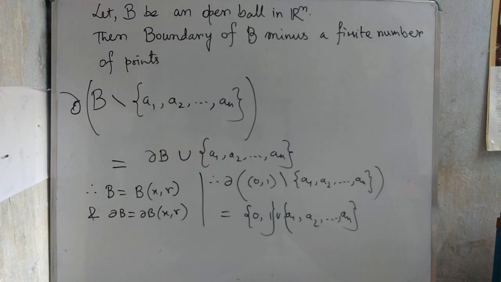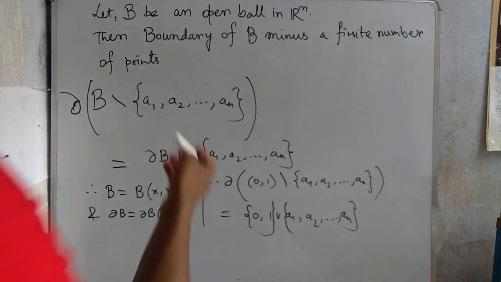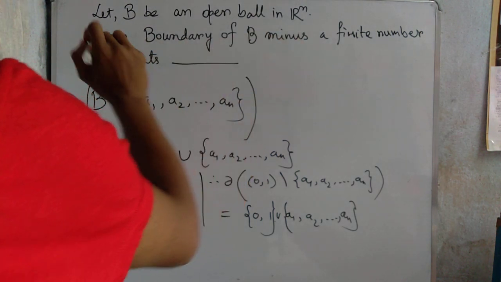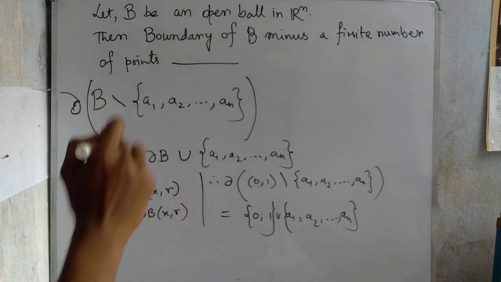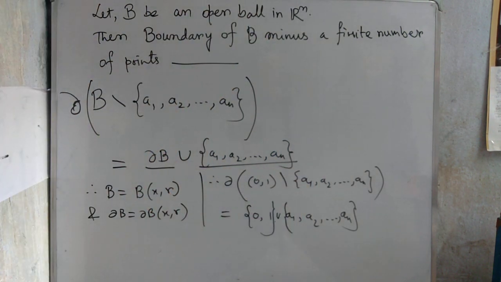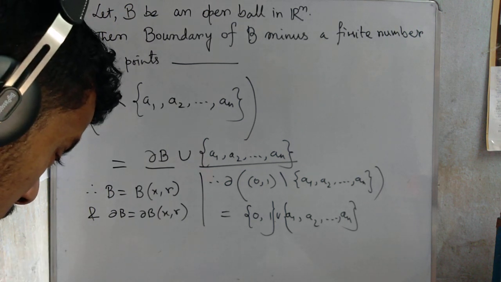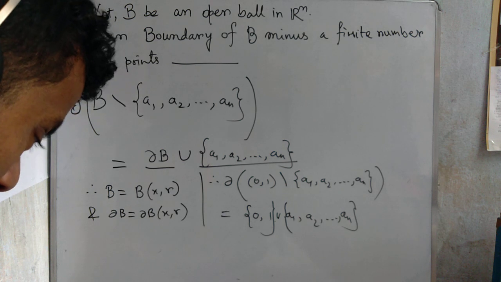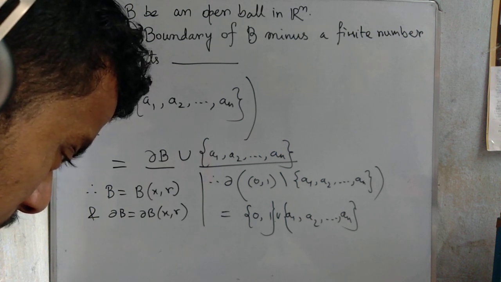Then we also discuss this one, boundary points. Then we find the boundary of B minus this one equals del V union this. And in this way we see these examples. We also erase that portion and go on to further discussion.